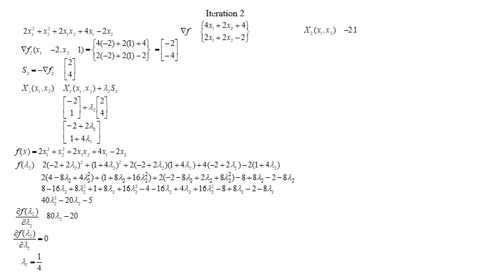Again we will get lambda 2 equal to 1 by 4. Once again update values of x1 and x2 by adding lambda 2 s2 to it. We are getting the same values, minus 1.5 and 2, after the second iteration.